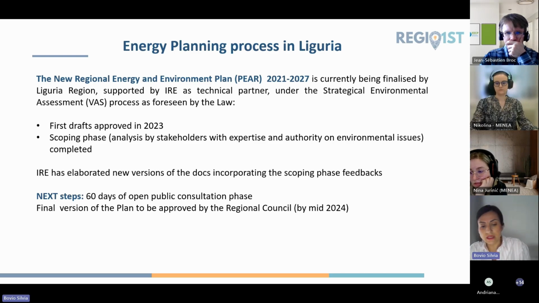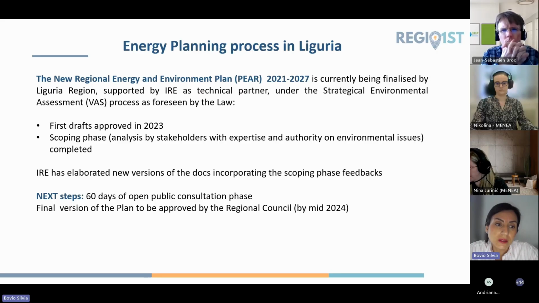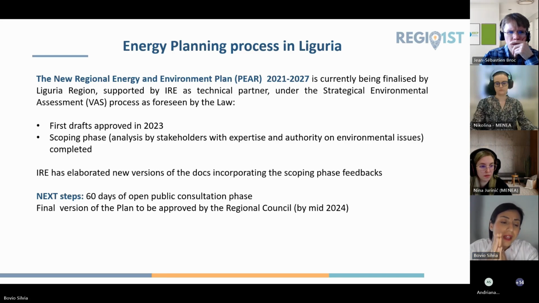The scoping phase is a phase in which the draft of the plan is analyzed by stakeholders with some expertise and authority on the environmental and energy issues. This scoping phase was completed, and now we have elaborated new versions of this plan, incorporating the scoping phase feedbacks.